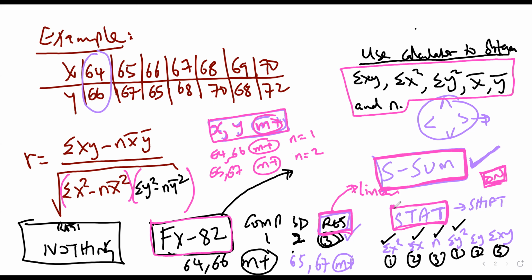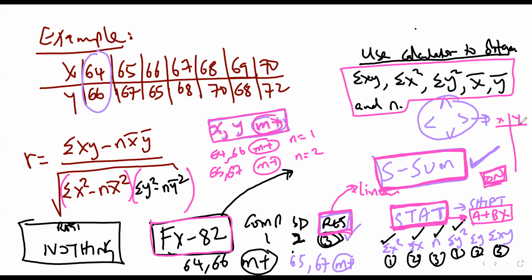If you're using the other type of calculators where the mode is called stat, once you choose this mode, it will lead you to several options. So you need to choose the one that looks like this, A plus B X. That's the regression mode. Then you will see a table where the first column is X, the other column is Y. So you key in the values.